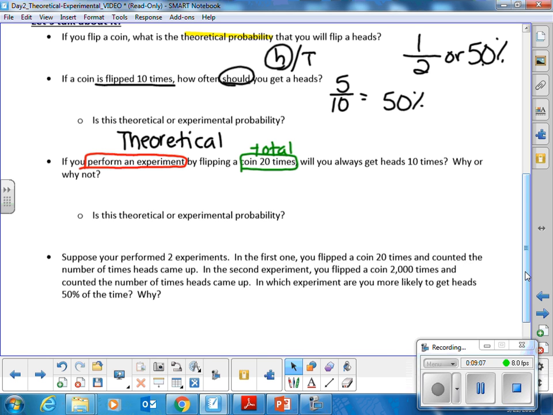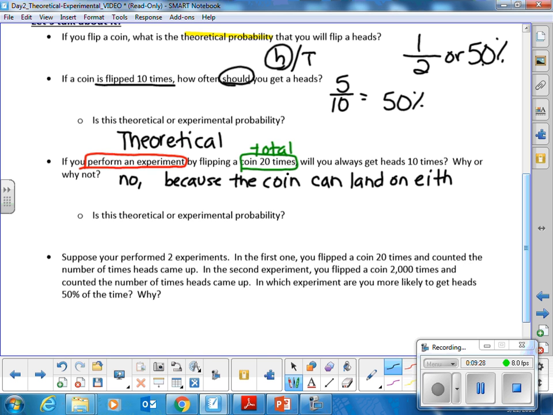The answer is no. And it is because the coin can land on either heads or tails, regardless of the theoretical or what should happen.